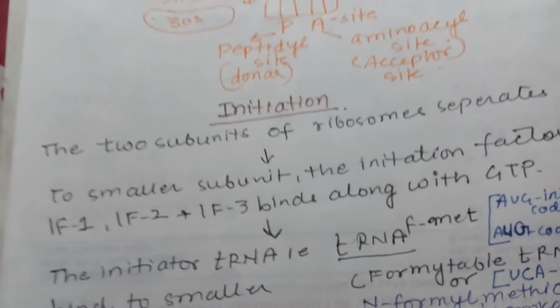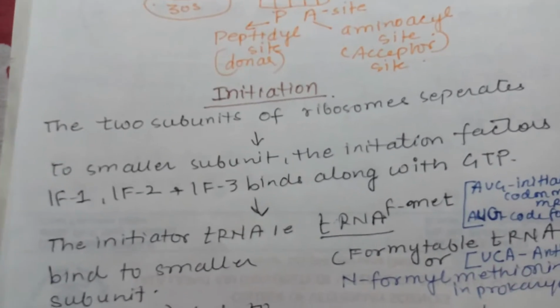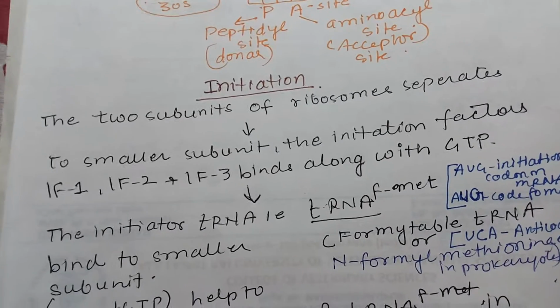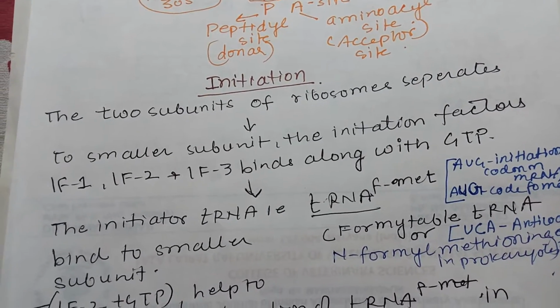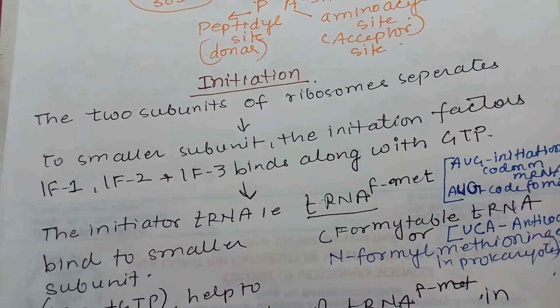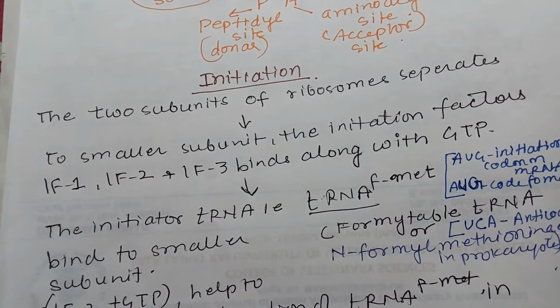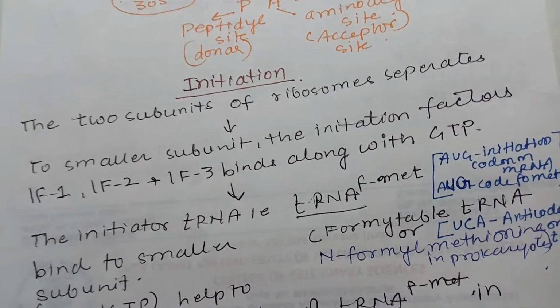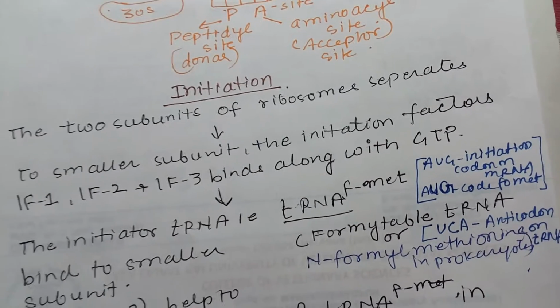Now we will discuss the steps. Initiation is the first step in the translation of protein. The two subunits of the ribosome get separated to the smaller subunit. Initiation factor 1, initiation factor 2 and initiation factor 3 bind along with GTP.